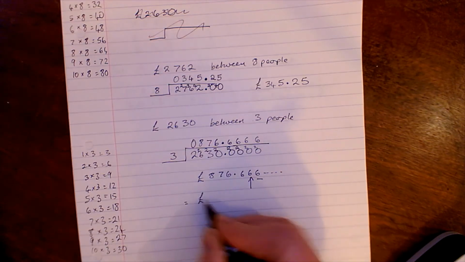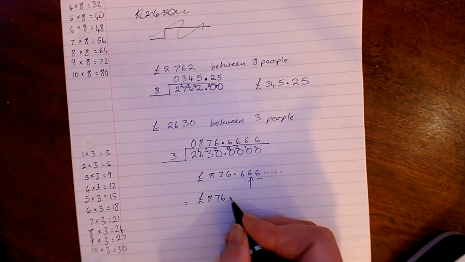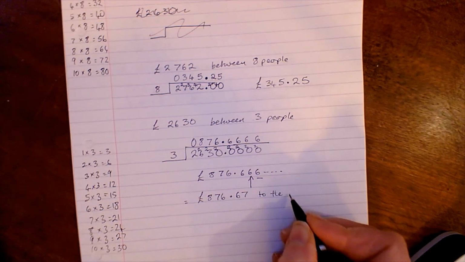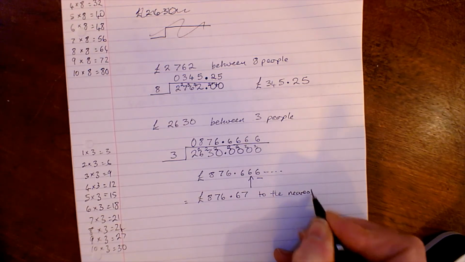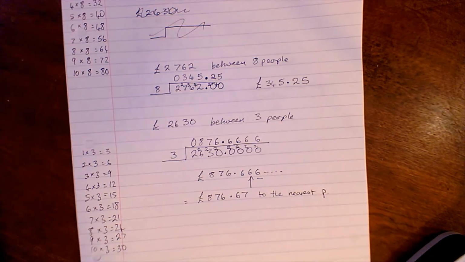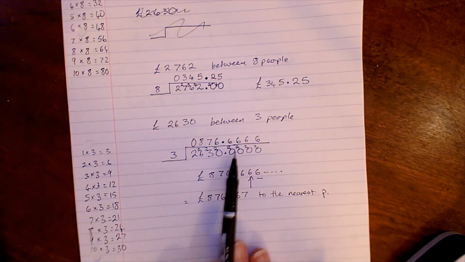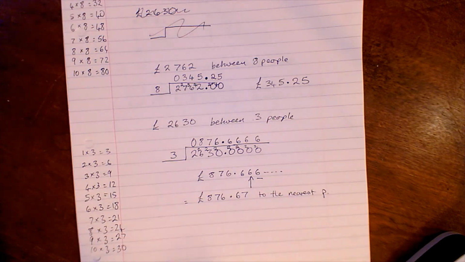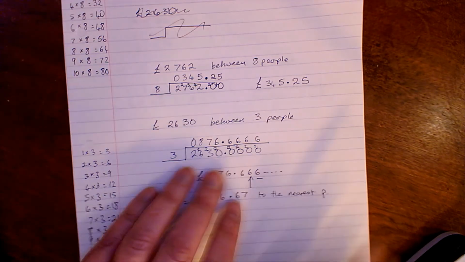So 876.67 to the nearest penny. Okay, so if you're going to have to round, you need to go to 1 figure more than the place you're rounding to, and then you can round.